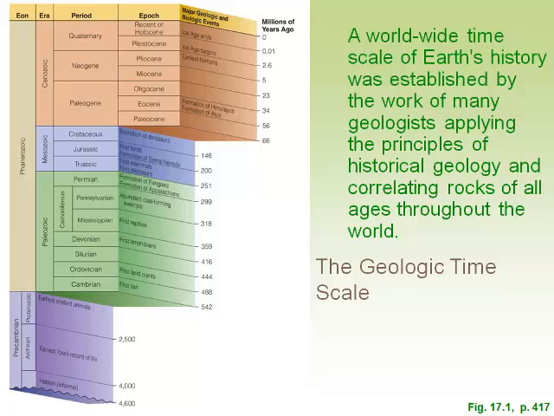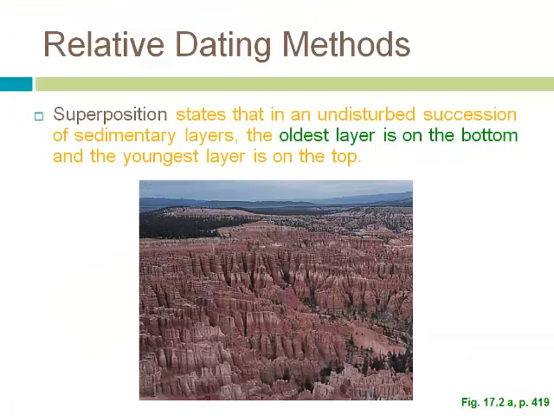So basically, we've established this scale, and it gives us the framework, the first stage for studying all of the other sciences, because we can get an idea of how old the Earth is. So we'll start out with talking about relative dating methods.